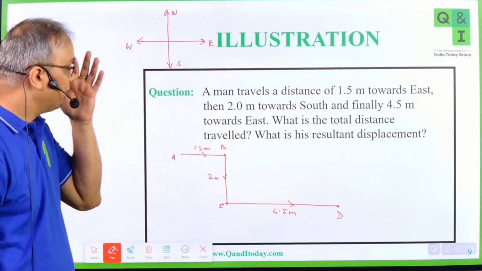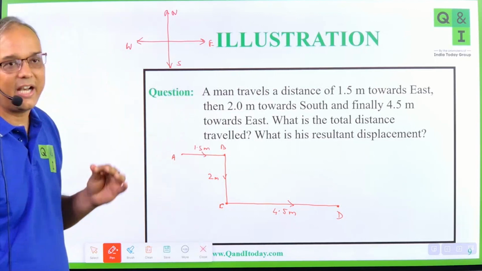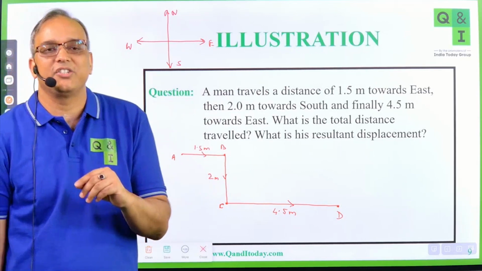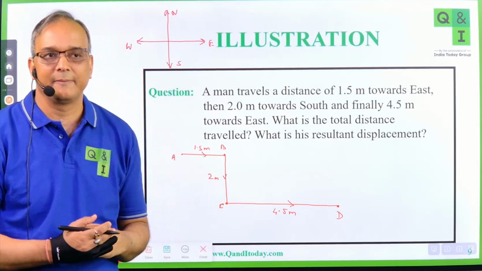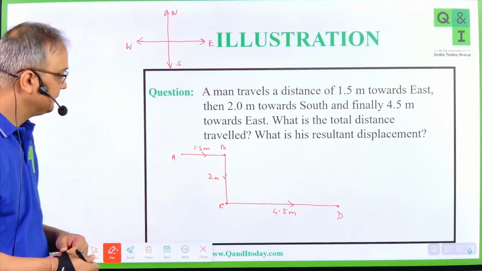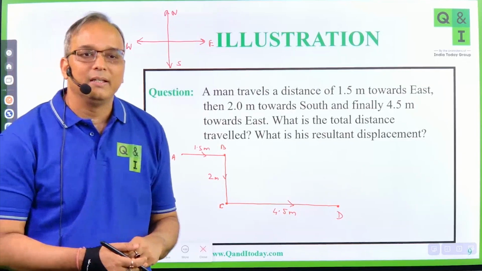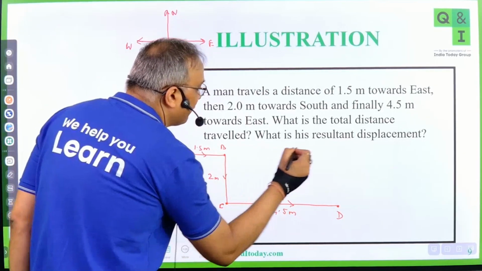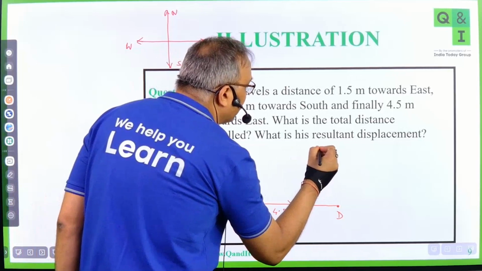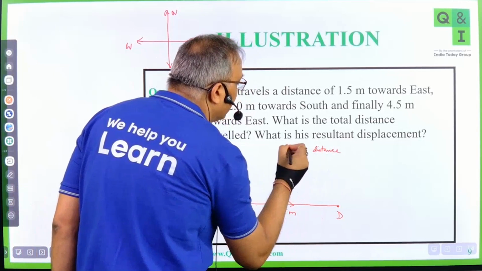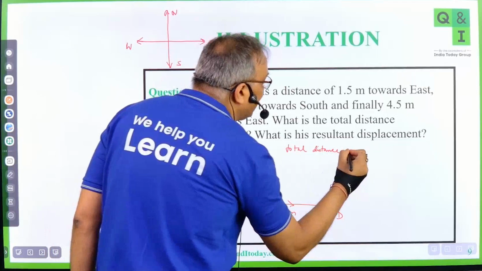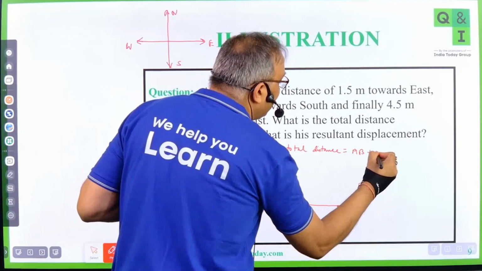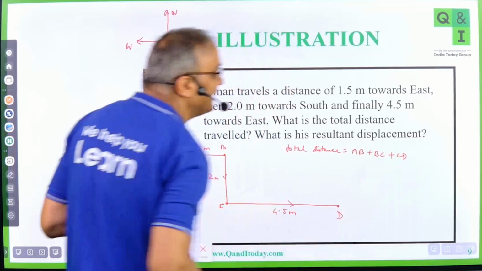Now, when you have been asked, total distance traveled is easy to find. What will be the total distance traveled? Who is going to answer? Yes, Himanshu, it is 8 meter. Good. So if I have to find the total distance traveled, total distance will be equal to the length of the actual path AB plus BC plus CD.